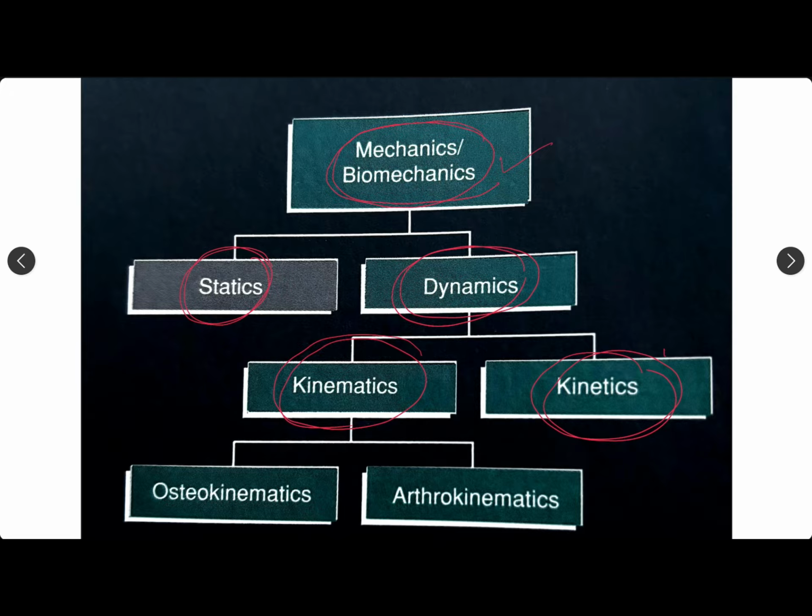Kinetics deals with force and kinematics deals with the speed, direction, and range of motion. And kinematics is divided into two portions: osteokinematics and arthrokinematics. Osteokinematics is bone movement and arthrokinematics is joint play.